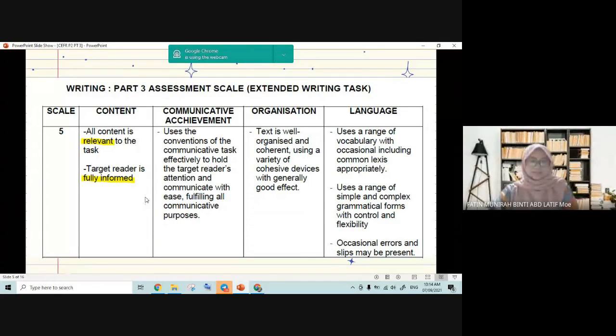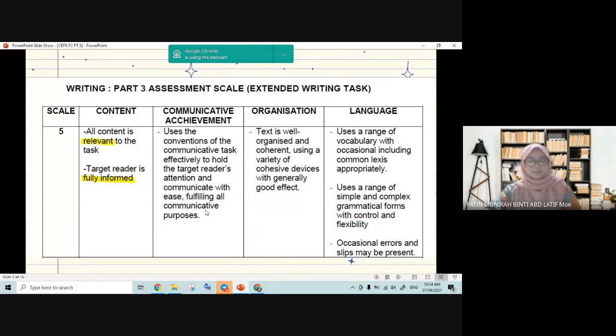And then communicate with ease. Maksudnya bila baca tu tak adalah macam nak berhenti sebab stress, ada grammatical error. So macam kita baca laju dan relax saja. Okay, and then fulfilling all communicative purpose. Okay, maksudnya you have the correct tone, gunakan tone dan register yang betul.